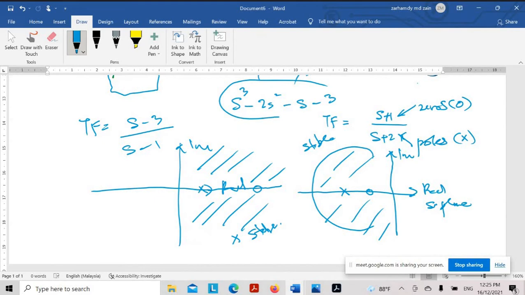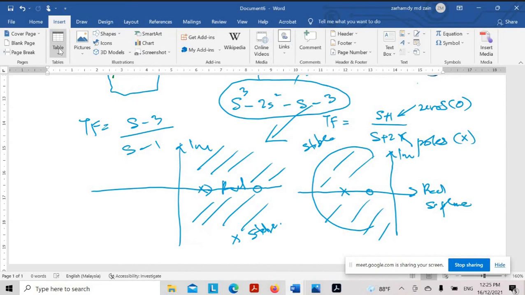If we look here indirectly, directly what we get is that this is the model of an unstable condition. So if we have an unstable condition, we cannot do anything.